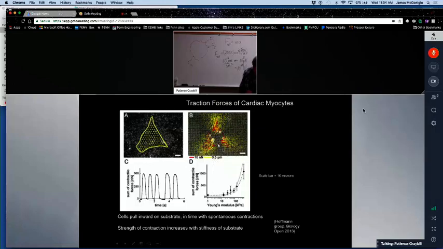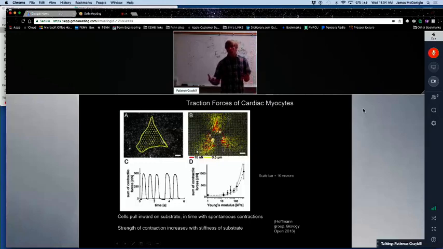And what you can see is that here it's pulling in this direction on the substrate. Here it's pulling in that direction, and here it's pulling down. And the forces that are exerted on the cell by the substrate are the exact opposite of those. So, for example, here the substrate is pulling out on the cell, and here it's pulling out on the cell, and here it's pulling out.